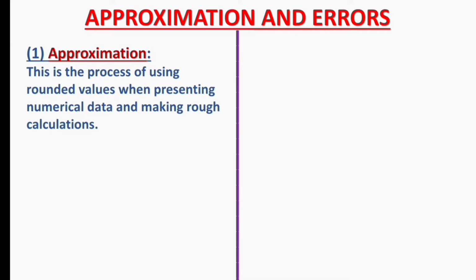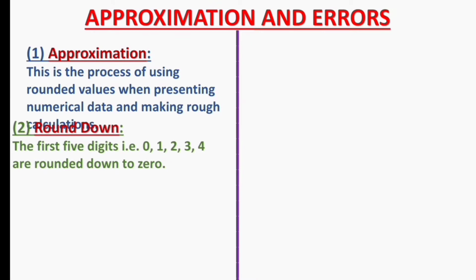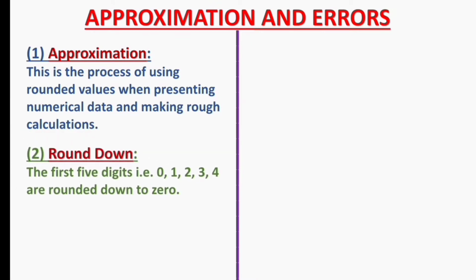From definition, approximation is the process of using rounded values when presenting numerical data and making rough calculations. Please note that we have 10 digits, which are 0, 1, 2, 3, 4, 5, 6, 7, 8, and 9.